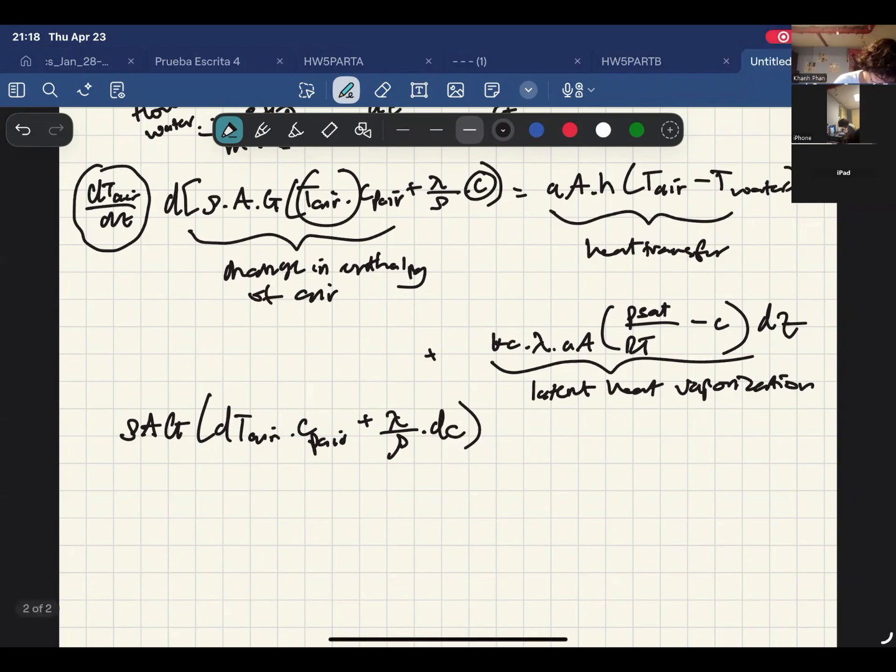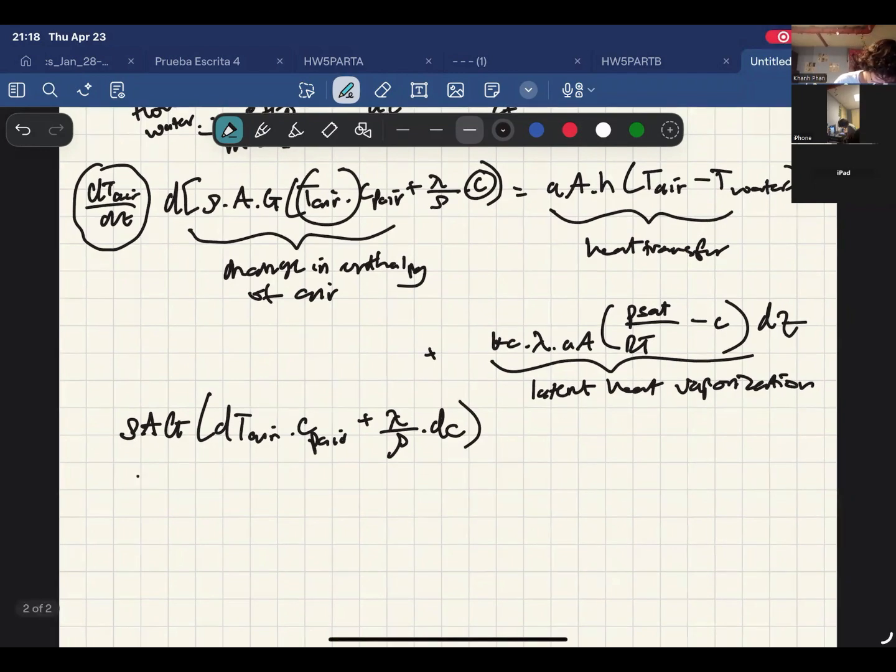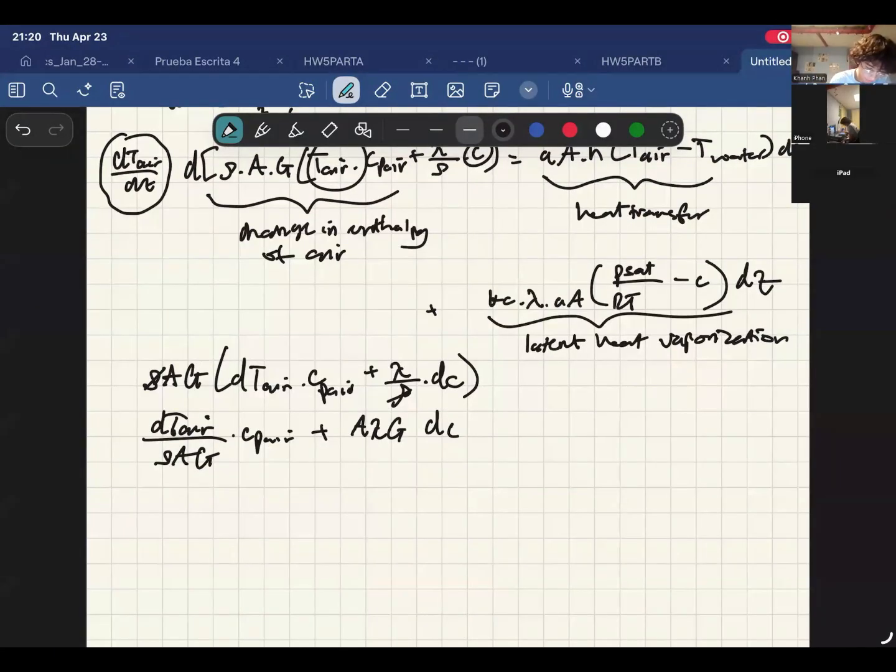And then we can open the bracket. Oh, and then we can also cancel rho over here. So we would just have lambda A G times dC. All right, so let's continue.